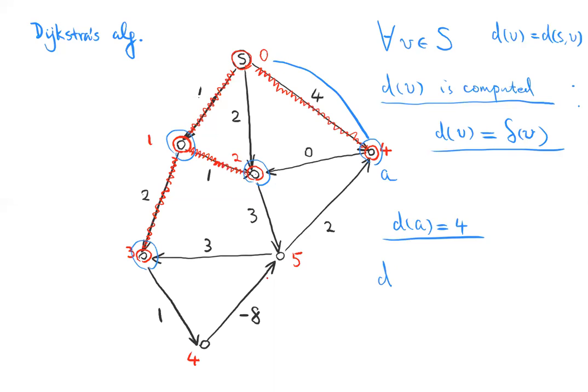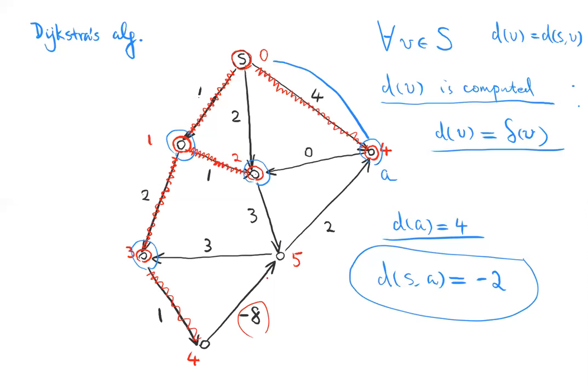It actually is -2, because there's this edge here. So the actual shortest path to vertex A goes through this.